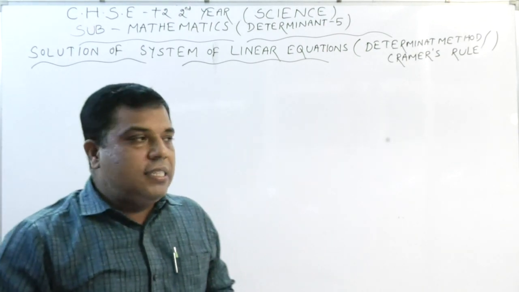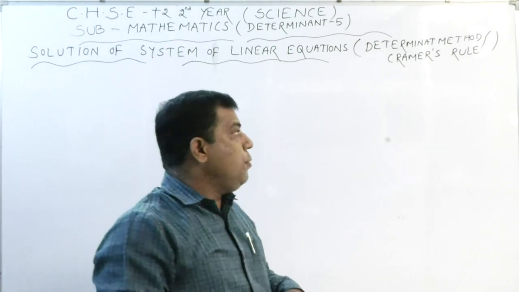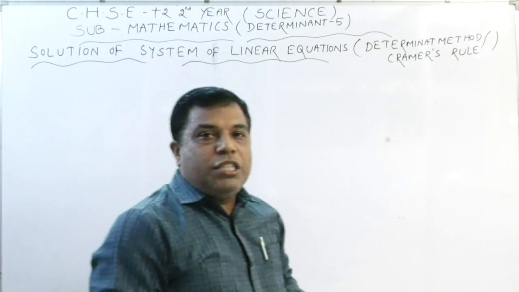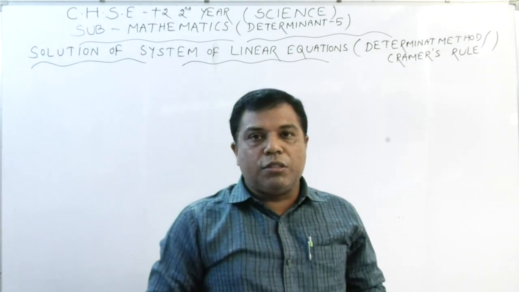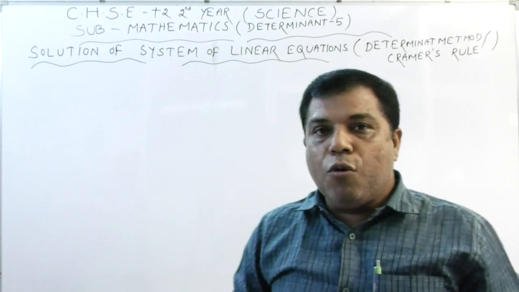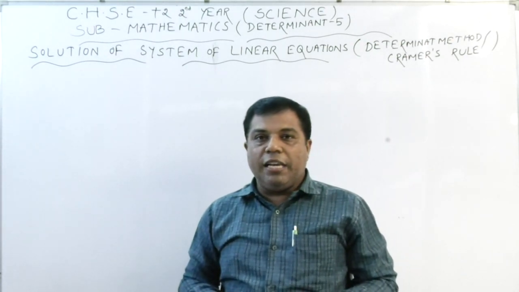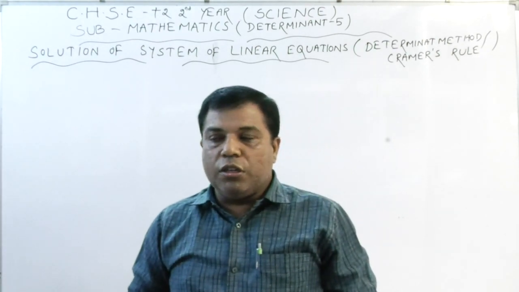So dear students, let us begin with what we mean by system of linear equations. System of linear equations means that if more than one equation is present simultaneously, it is called a system of linear equations.